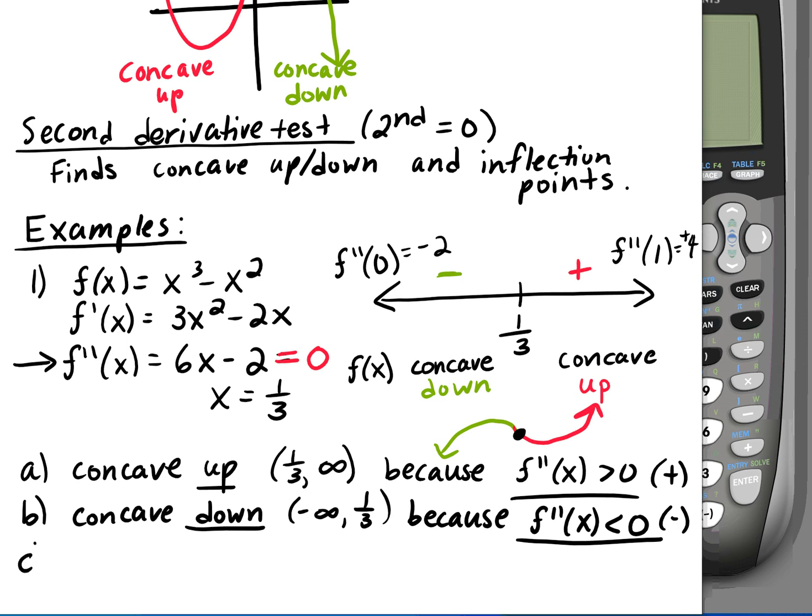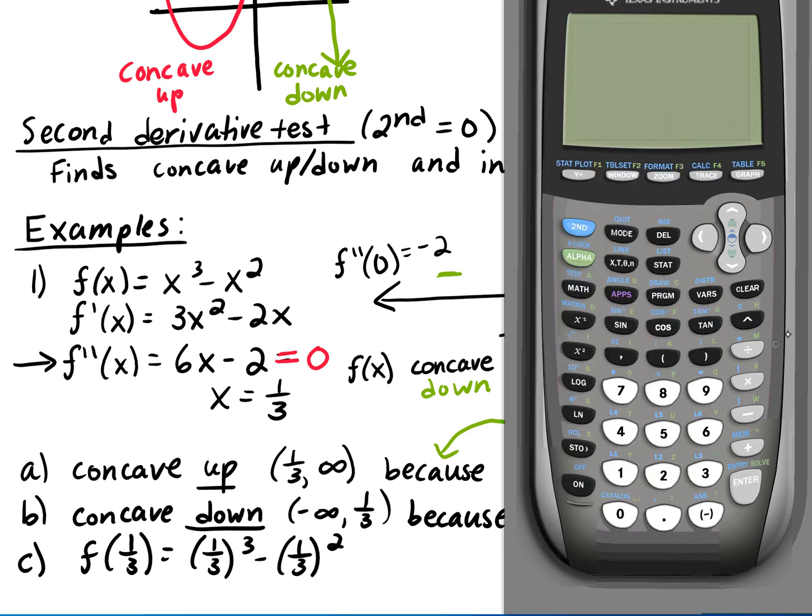And then for part C, we're going to do the inflection point. We'll do f of 1/3. And something you can do if you don't want to have to type the fraction in every time is, if we haven't already talked about this, we'll do alpha y equals and type in the 1/3.